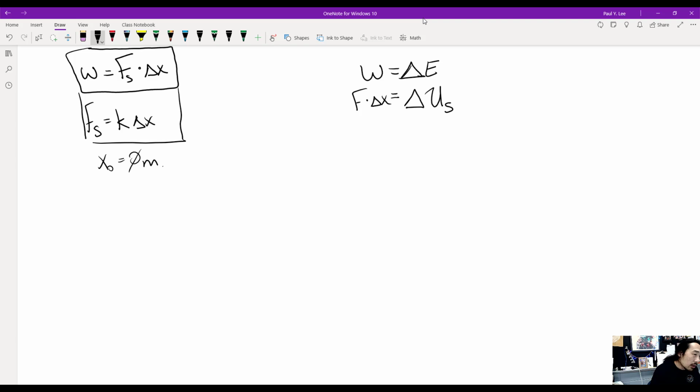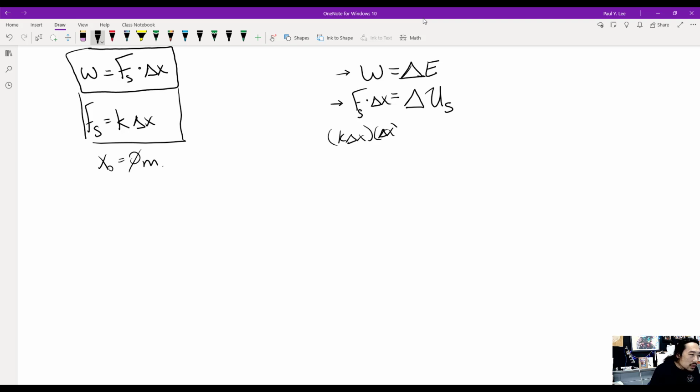If I were to ask you what the force being exerted is, we will say it is the force of the spring. This is our basic general formula, and then I'm going to do one more substitution for F of s. We know that F of s is equal to k delta x, and we have delta x here as well.